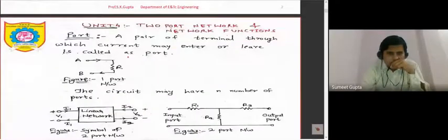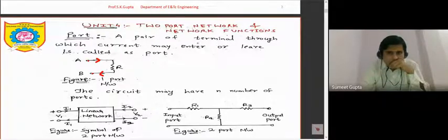So let's start. Let's look at this diagram. This is one terminal and this is another terminal. We have two terminals, that's why it is a terminal pair. In a terminal pair, current is entering and current is leaving.